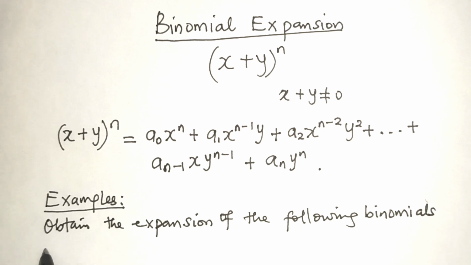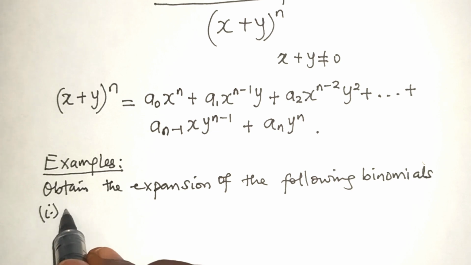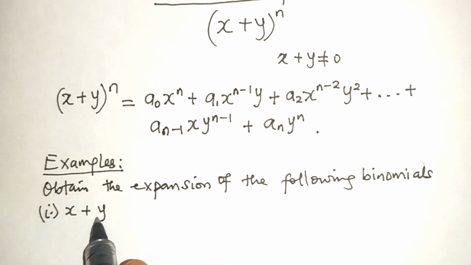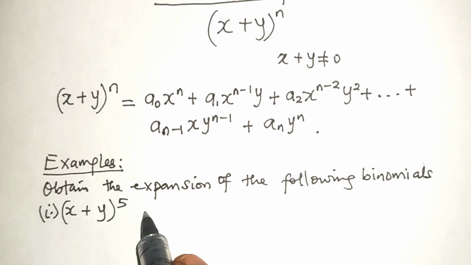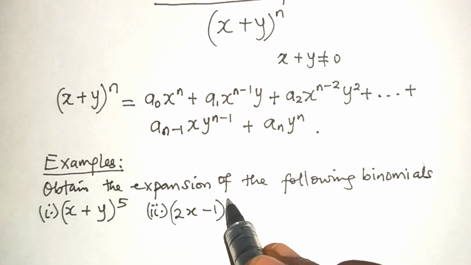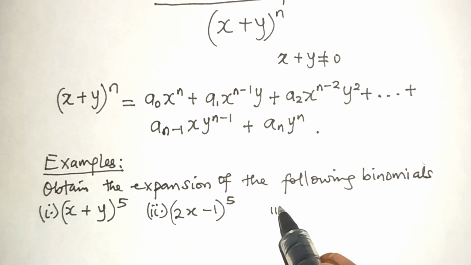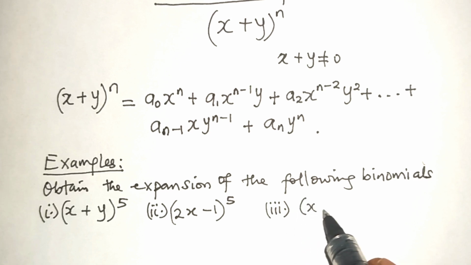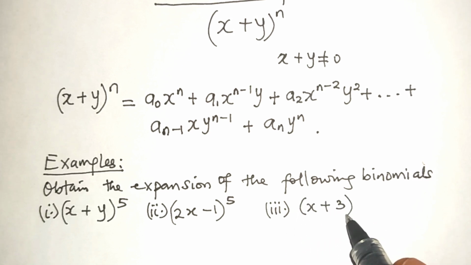The first one is (x + y)^5. Next is (2x - 1)^5. And the third one is (x + 3)^4.